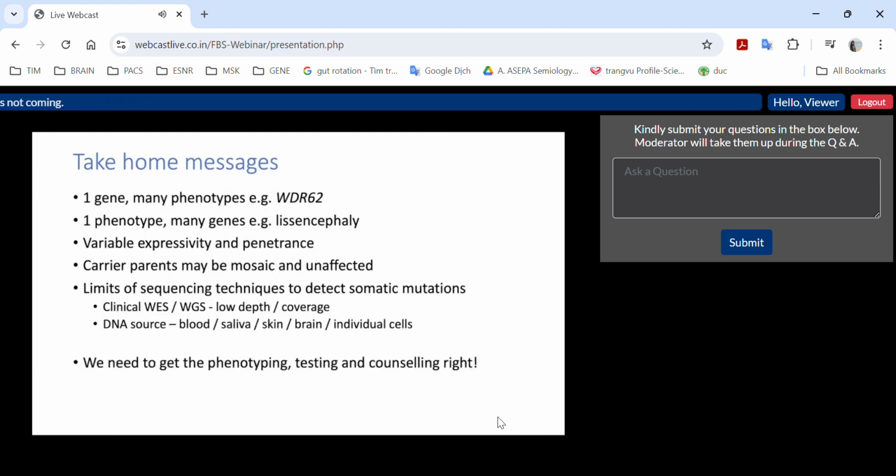But it's imperative on us, and I mean all of us, those working in fetal medicine, those working in neuroradiology, genetics, and in pediatric neurology, to get the phenotyping right, to do the right testing. Sometimes will require research testing, and then using all that to try and give the best possible genetic counselling.